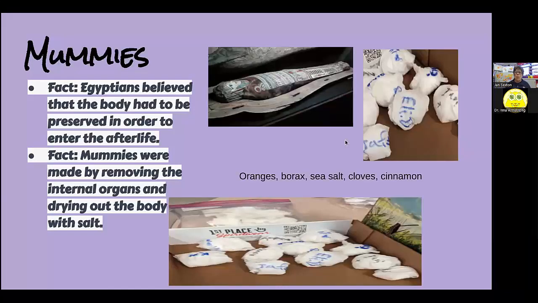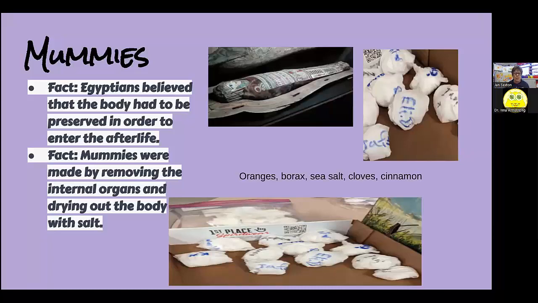All right, mummies were very fun. We talked about how the Egyptians would mummify their bodies, and we talked about that they would take out the guts and put them in canopic jars.